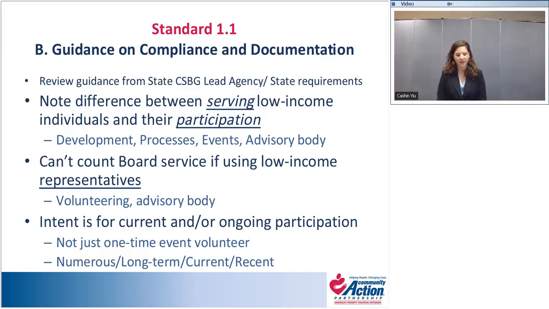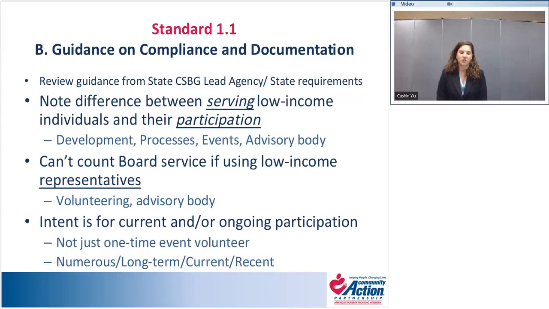The second challenge to think about is with regard to the tripartite board. It is allowable to have representatives of low-income people serving on the board. An easy way to meet the letter of this standard is to count those low-income people that serve on the board. But the point of clarification is here: if you use representatives instead of those actual low-income people, then you wouldn't be able to count that in meeting the standard.